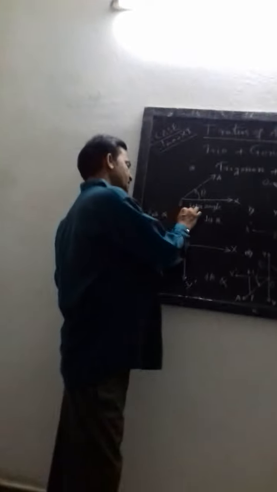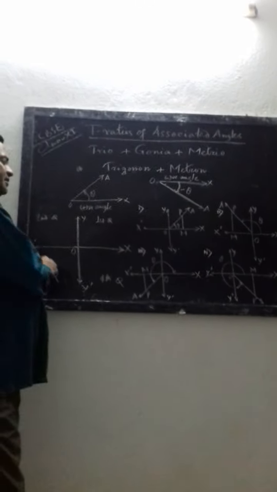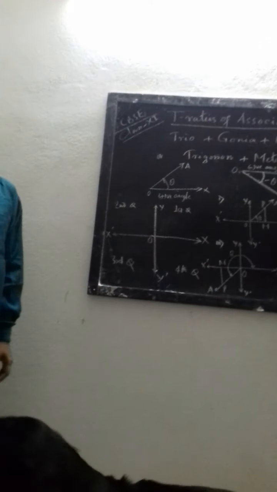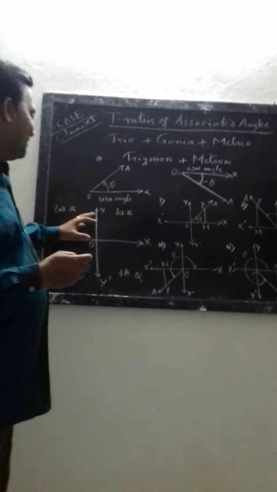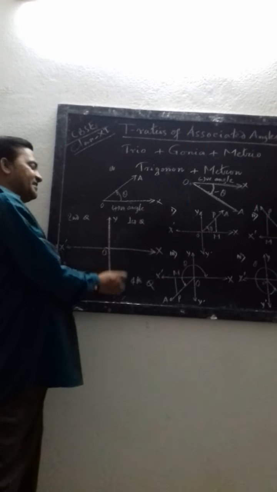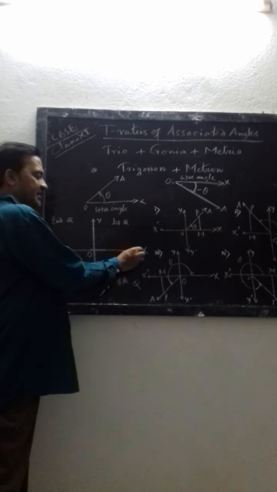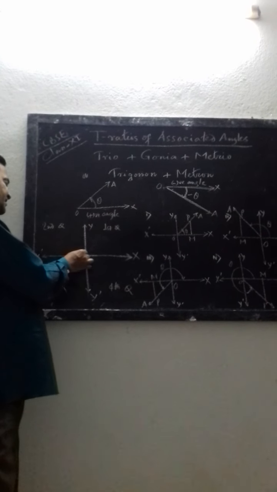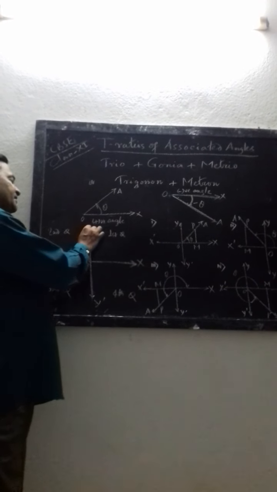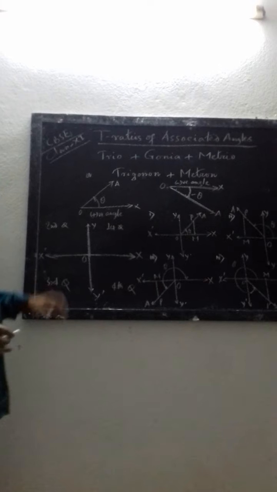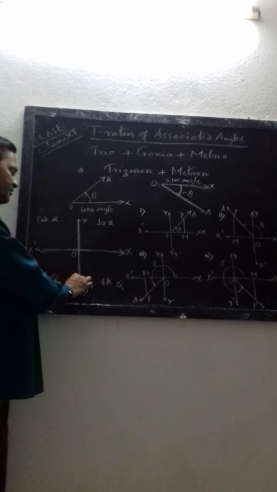Now see this figure. X O x dash and Y O y dash are two perpendicular lines, meaning x axis and y axis. This is the positive direction of x axis and this is the negative direction of x axis. This is the positive direction of y axis and this is the negative direction of y axis.